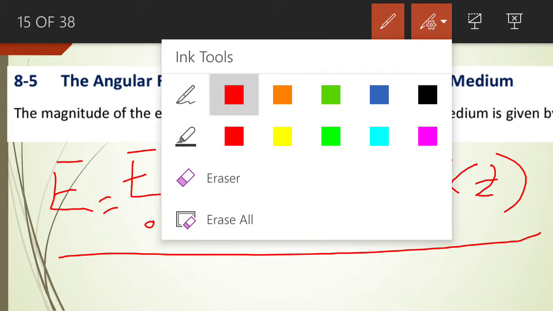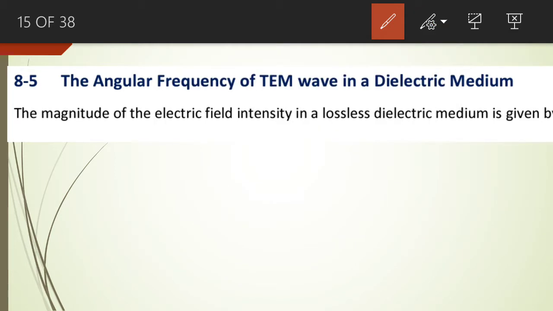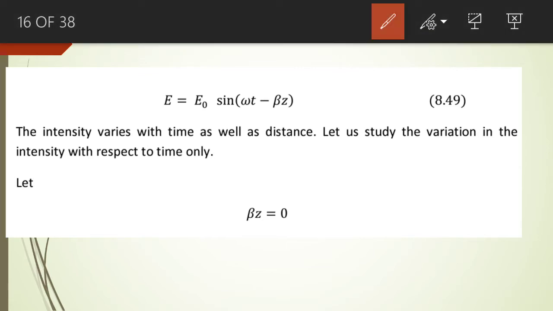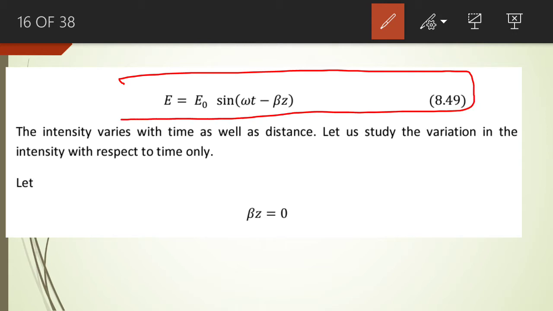So let us consider this equation once again. You see, we consider the magnitude of the electric field intensity in equation number 8.49.